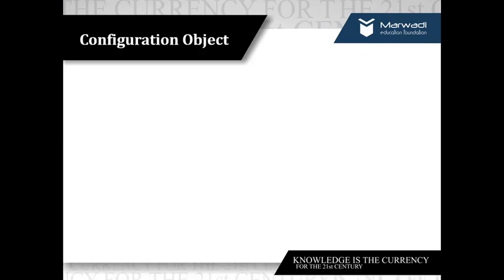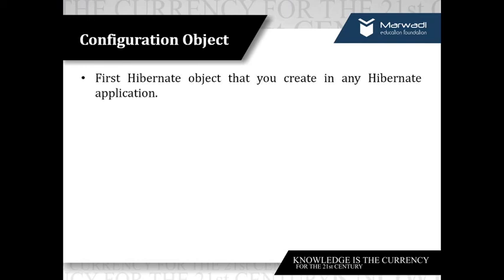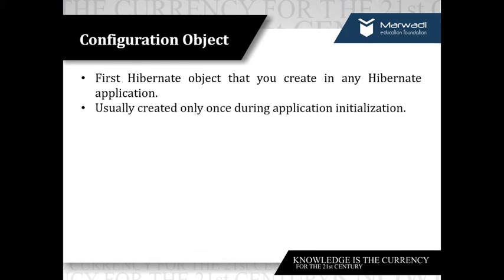Okay, so the configuration object is the first Hibernate object that you create in any Hibernate application. Configuration is the one which provides database connection, and it is created only once during initialization.